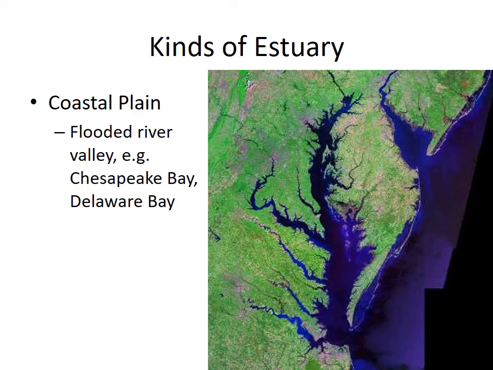And all those networks of low-lying areas in the land are revealed when sea level rises and floods into those areas. The morphology of these drowned river valley estuaries is similar to the morphology of lakes created when a river is dammed. They tend to be really branching and fingering with a tree-like morphology.